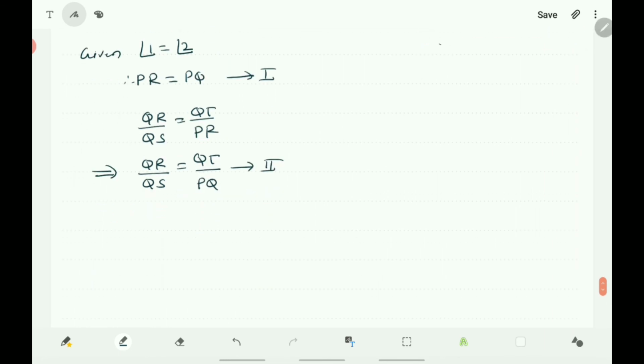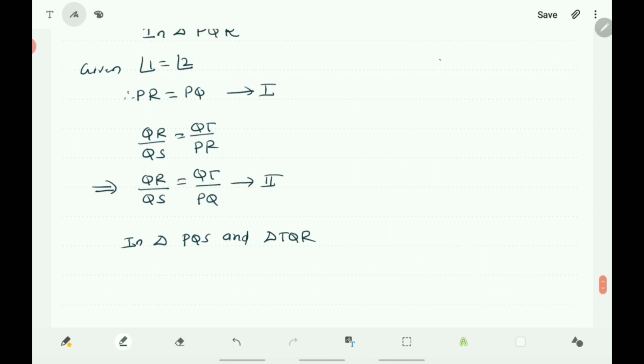In triangle PQS and triangle TQR, one thing you got here: QR by QS is equal to QT by QP.